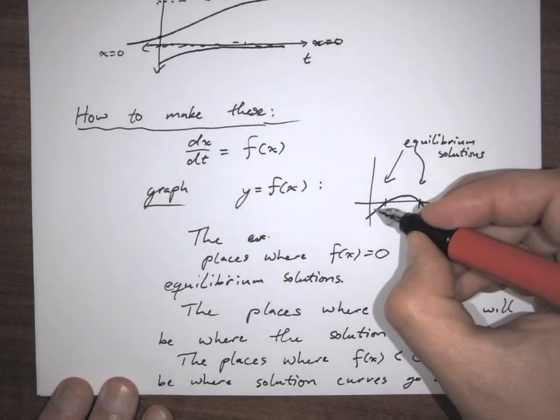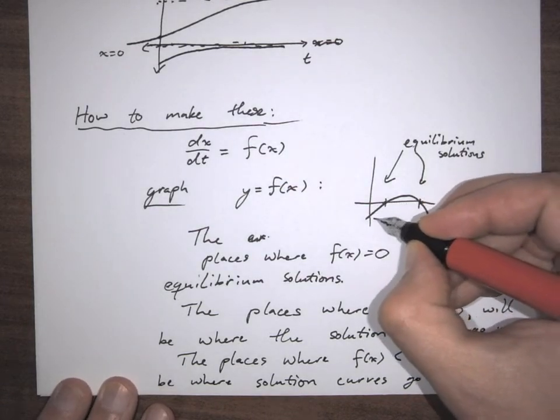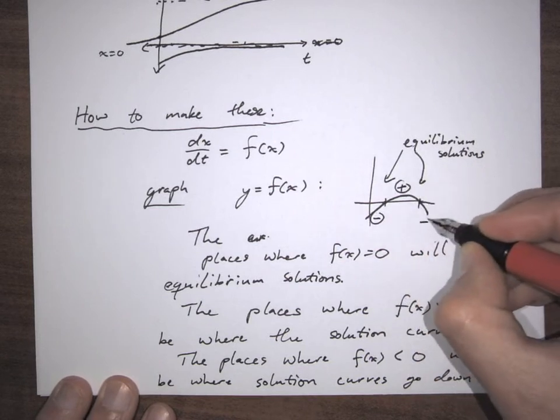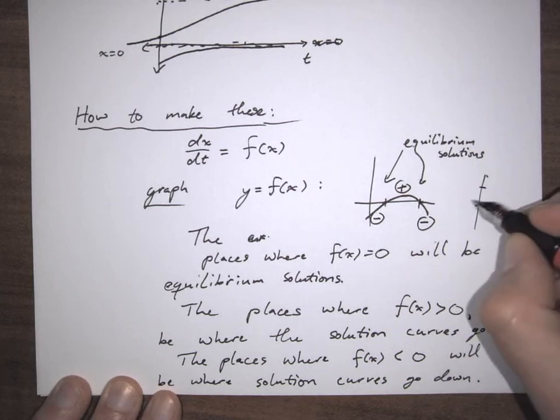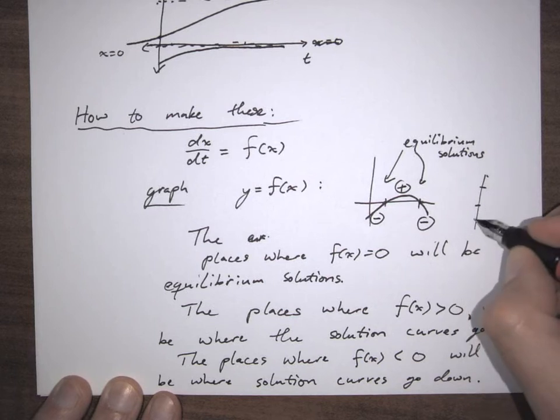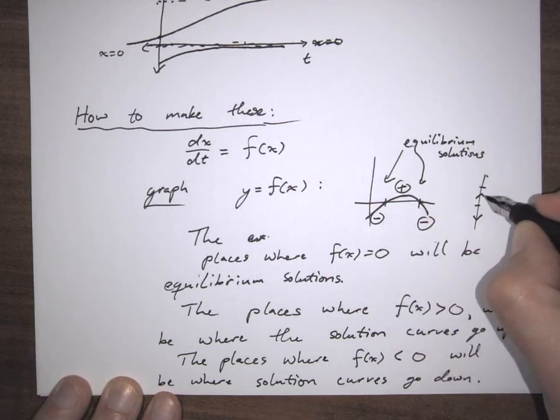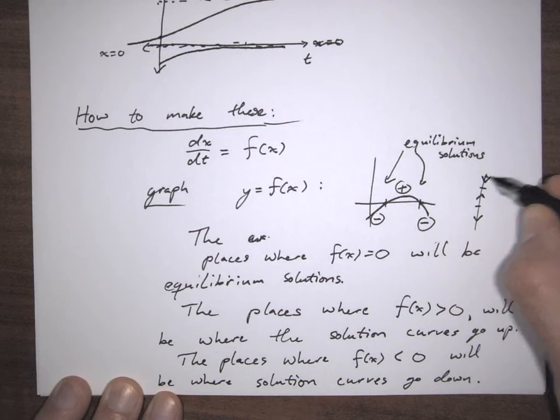So here we're talking about minus, we're talking about plus, and we're talking about minus. So the phase portrait here would be: below this value it's going to be going down because it's negative. Between them is going to be going up, and then above it is going to be going down.